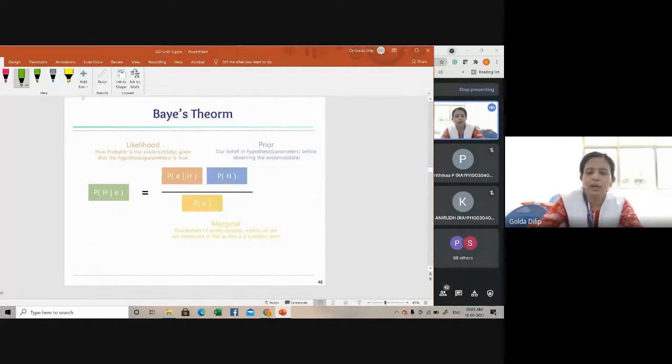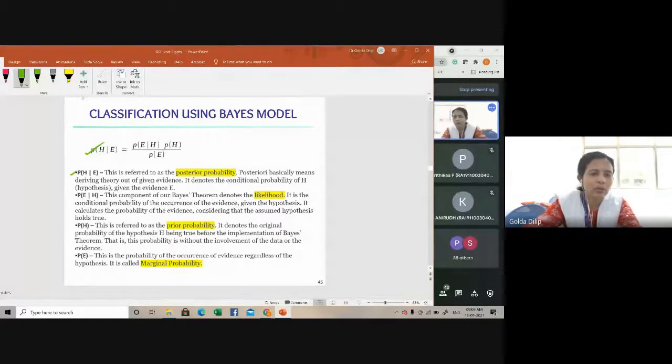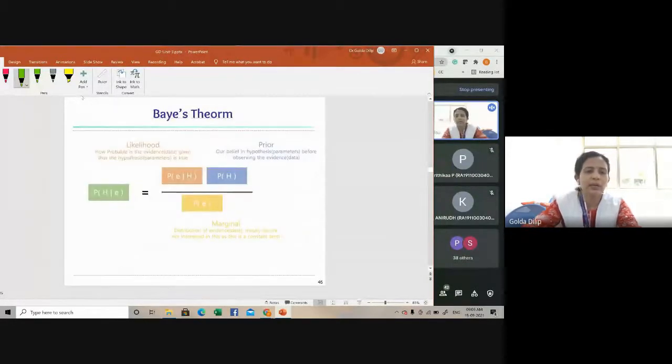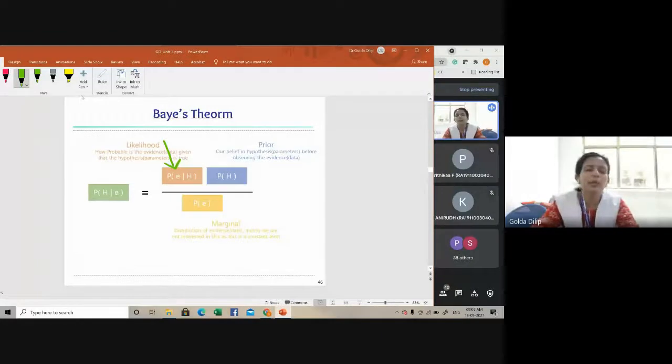Probability of your hypothesis given the evidence. I have put what each term stands for here, but I feel from this you can get a better understanding. P of H given E is equal to the probability of E given H, multiplied by P of H. P of E given H is your likelihood probability.